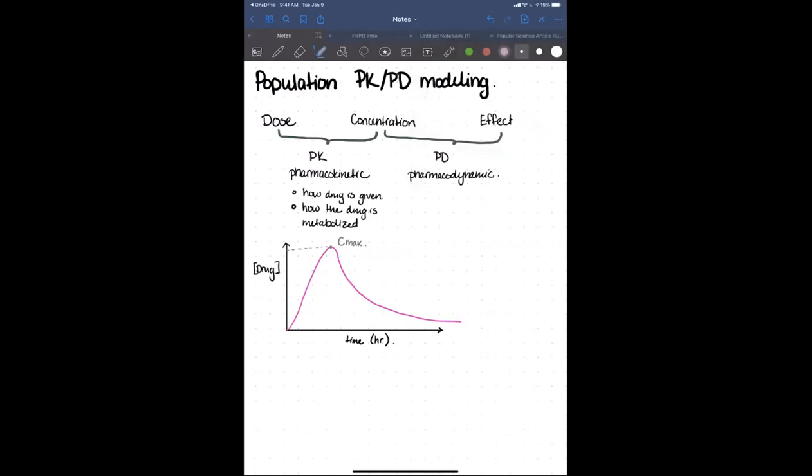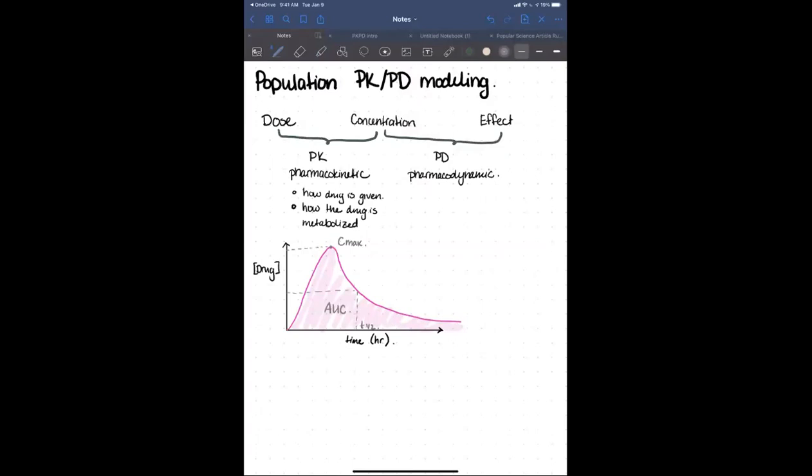Then there is this area under the curve, which we call the AUC, area under curve. And then we also have the half-life, which is the time it takes for the drug to reach half of its maximum concentration, right?